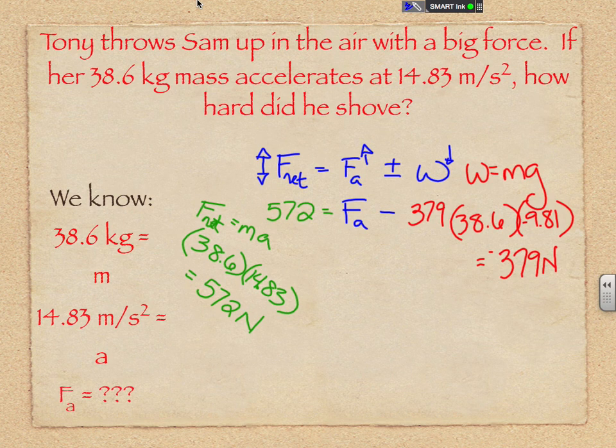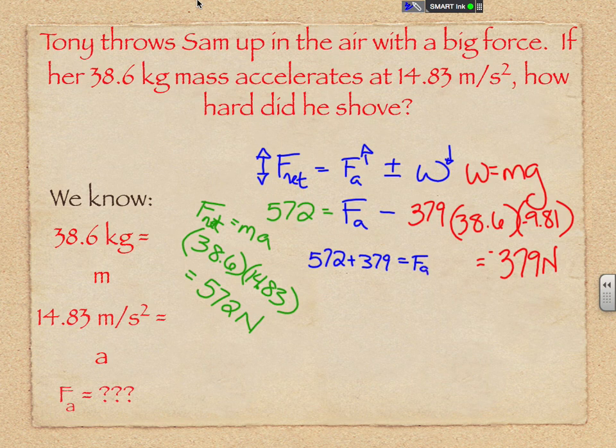Now, to find FA, of course, FA is connected to 379 with a minus, so the 379 goes to the other side with a plus, so we're going to end up with 572 plus 379 equals FA.